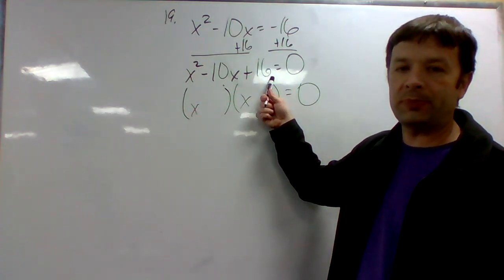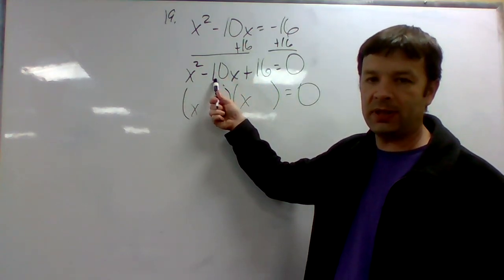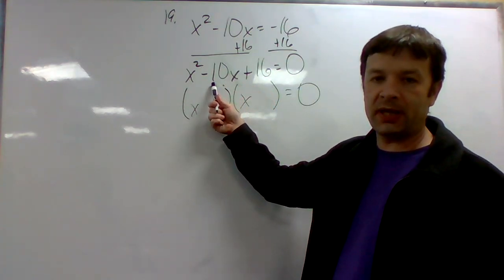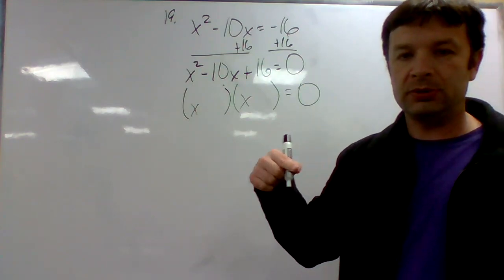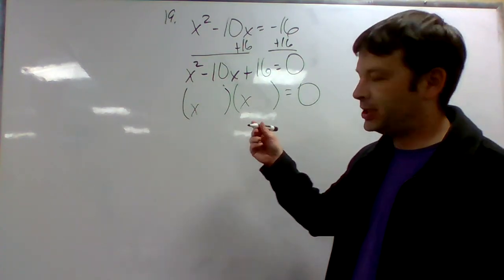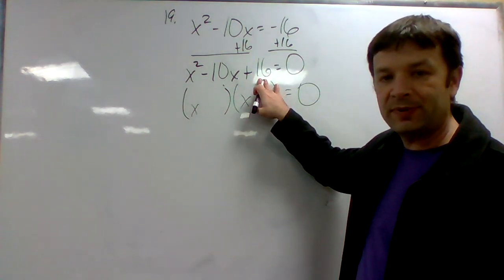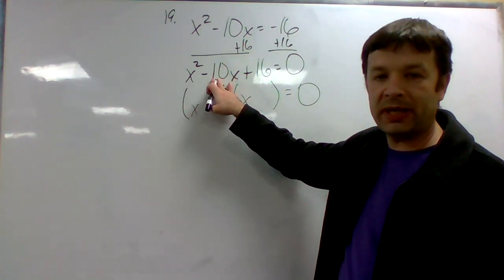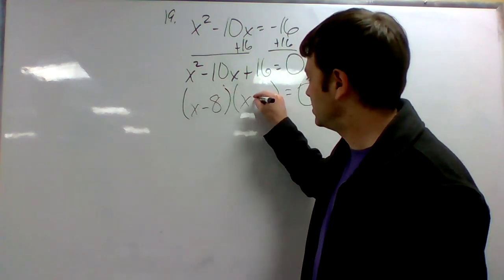What two things multiply to 16 that add up to negative 10? 16 is 4 times 4. That doesn't add up to negative 10. What else? 8 and 2. But 8 and 2 add up to positive 10. So we need them to be negative 8 and negative 2, because two negatives can multiply to a positive while still adding up to a negative. So it's negative 8, negative 2.